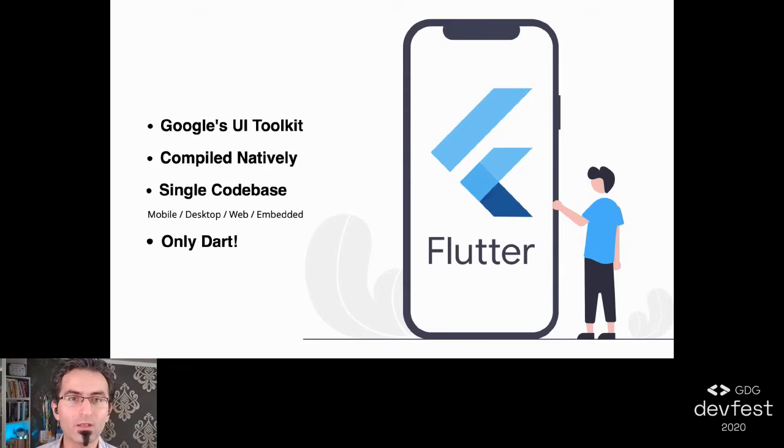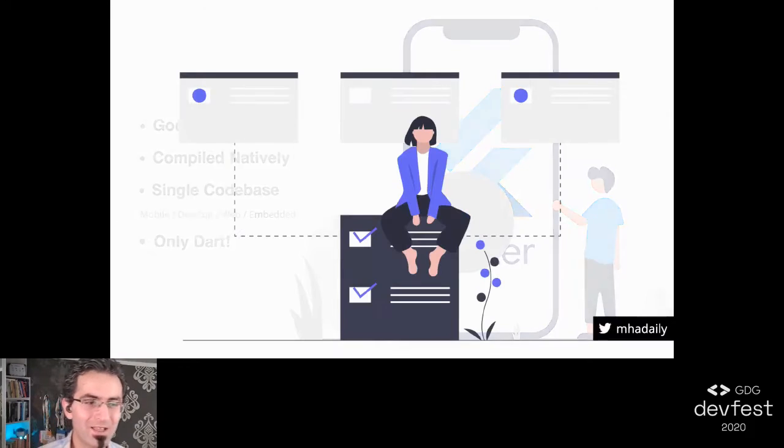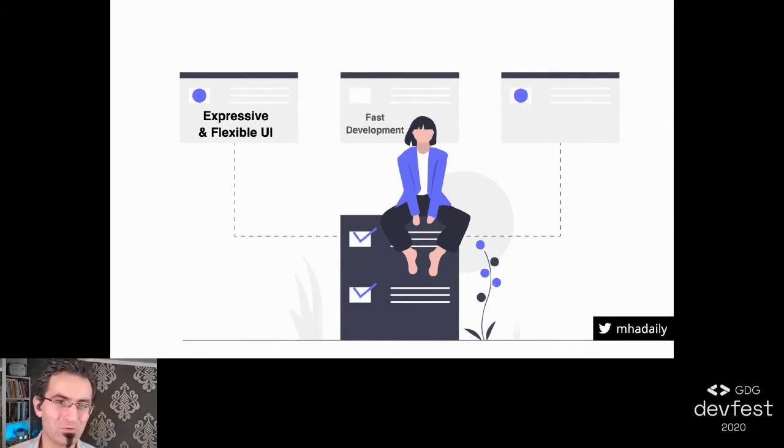Initially, when Flutter came, it was targeted for iOS and Android, but now it also supports web, desktop, and embedded versions of different devices. And you can write all of that with just one language, right? Isn't it amazing?